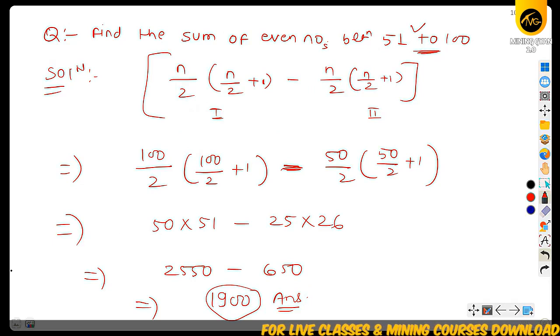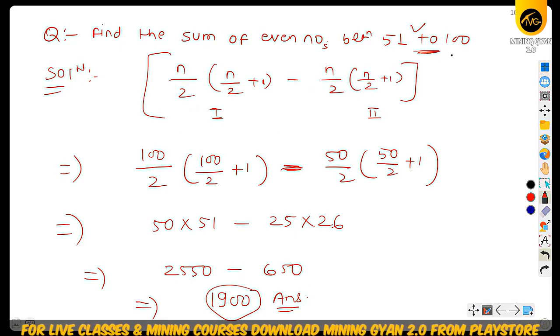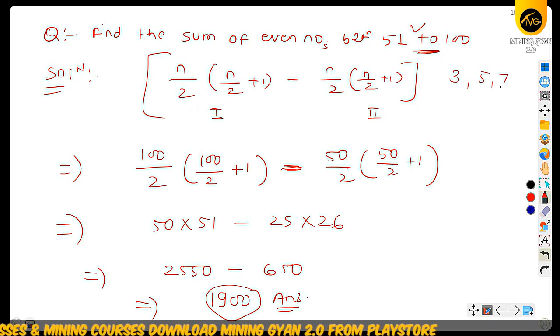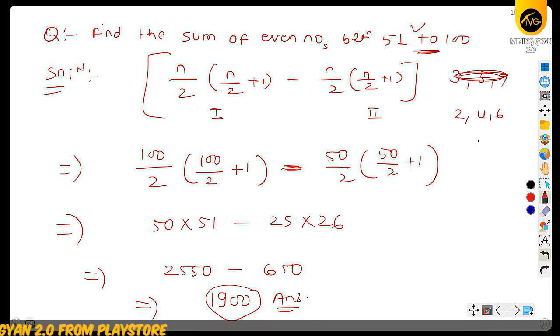Because of the format of the question, Harichandan, this is not the series of numbers 1 to 100. These are even numbers, that means we have to leave out one number, like 3, 5, 7, or you can say 2, 4 and 6, these are the even numbers, suppose. Okay?